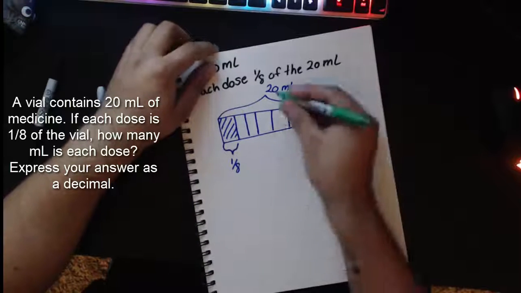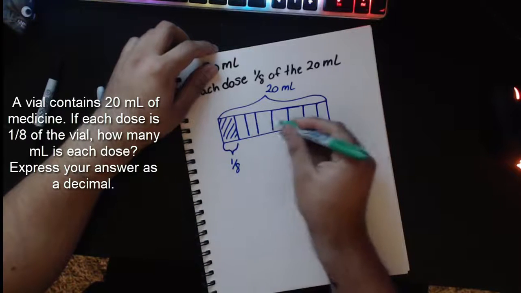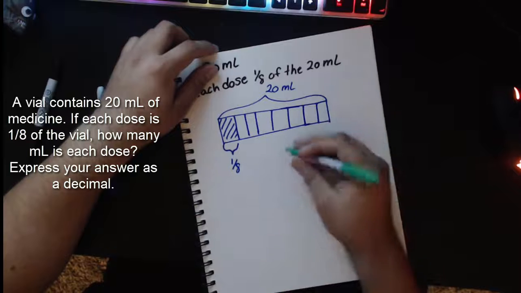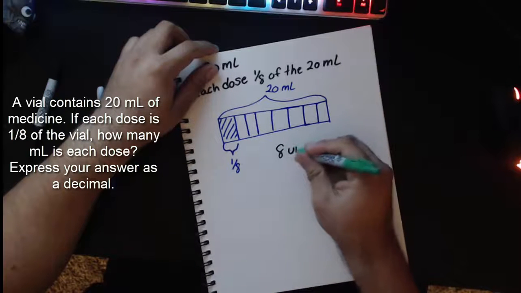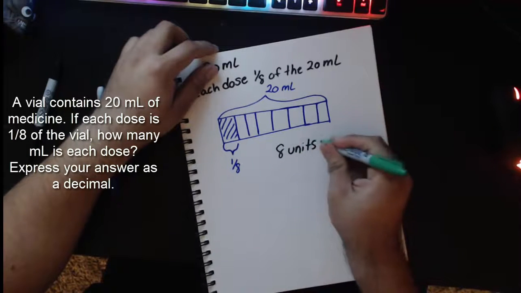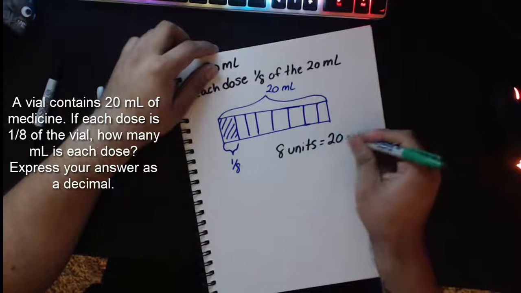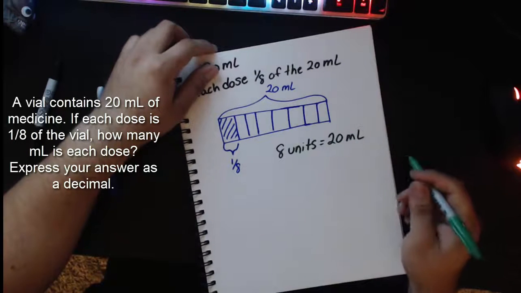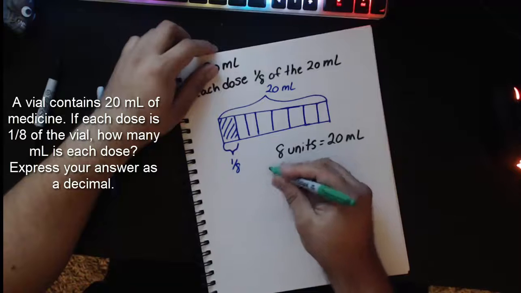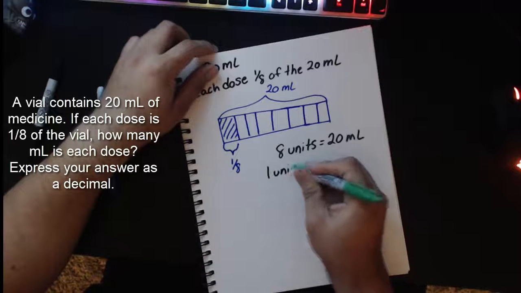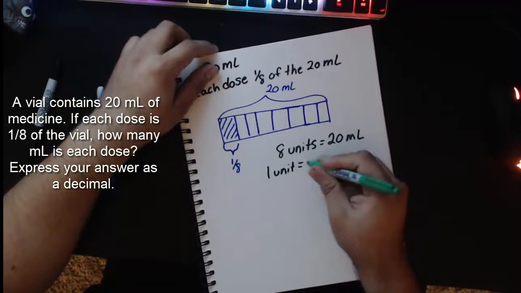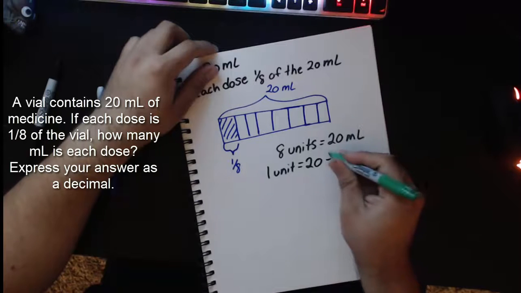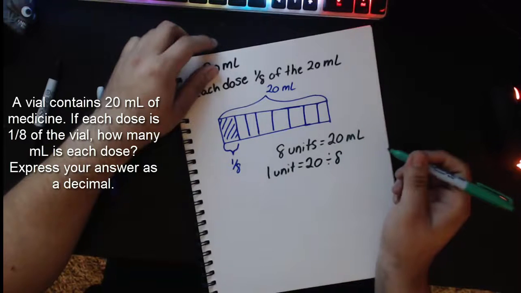Well, I know that in 8 units, I have 20 milliliters. Then that must mean that in 1 unit, I have 20 divided by 8.